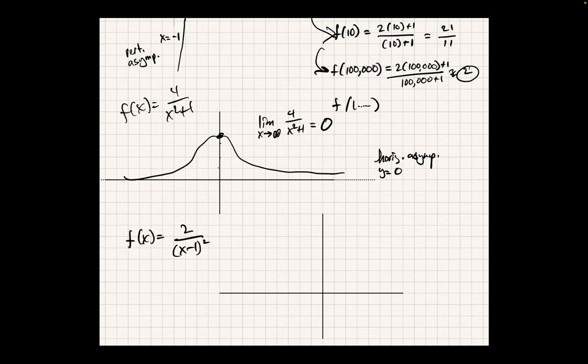A horizontal asymptote is what happens as x approaches infinity. A vertical asymptote happens when the denominator blows up.